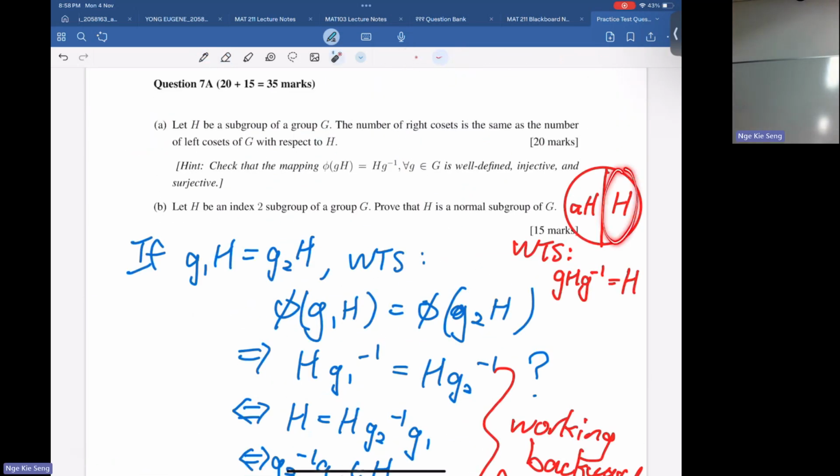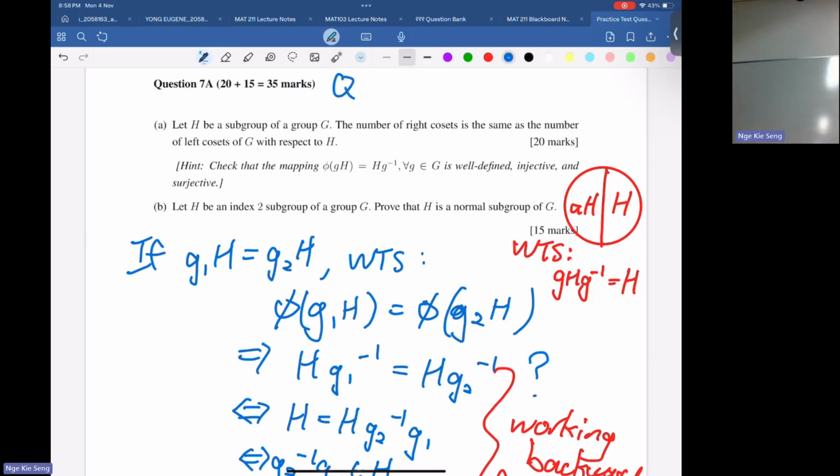This is a subgroup, and can this be a subgroup again? No, right? Because the identity is not in there. So if you are another subgroup, you have to equal H. So it's normal.